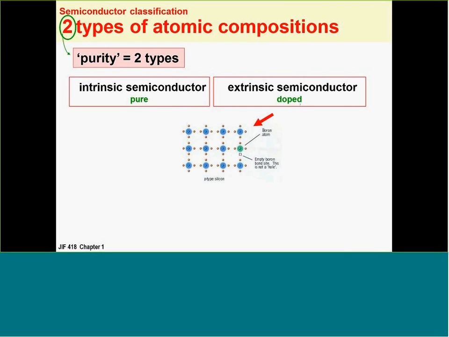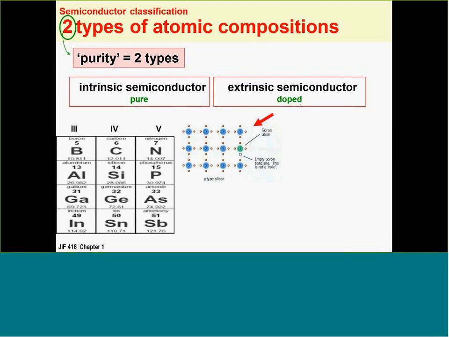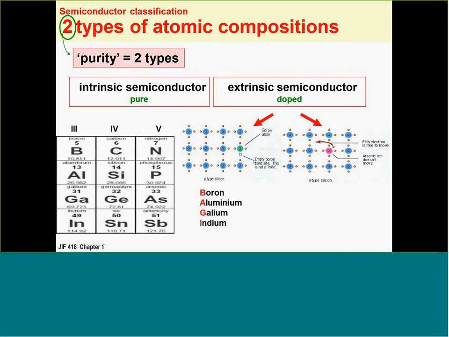Actually, extrinsic semiconductor has two groups, whether it is P-type or N-type. P-type means there must be a vacancy in your semiconductor. Let's say, I have silicon here, but when I put in boron, if you look here in the periodic table, boron comes from group 3, whereas silicon is in group 4.